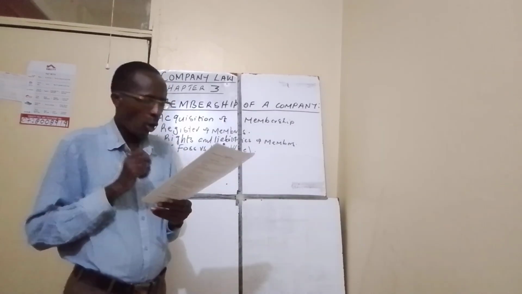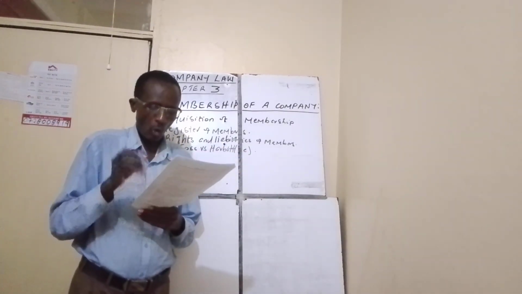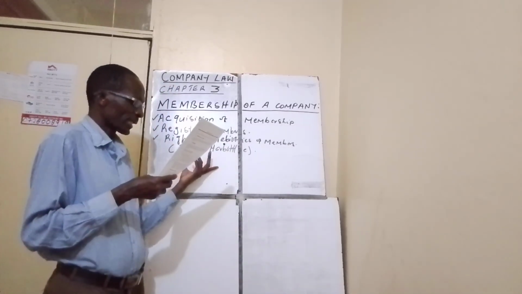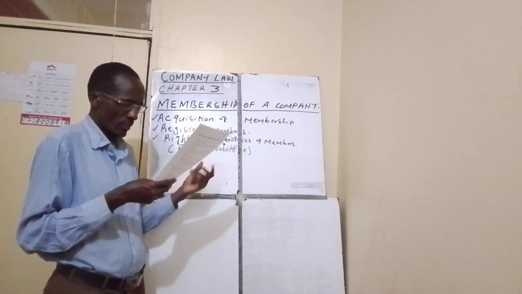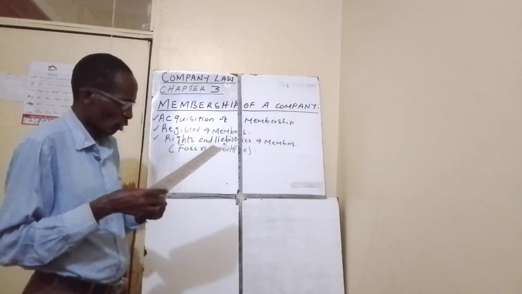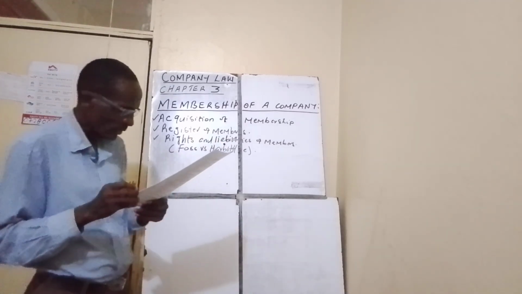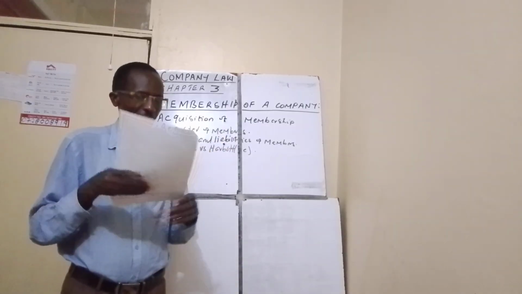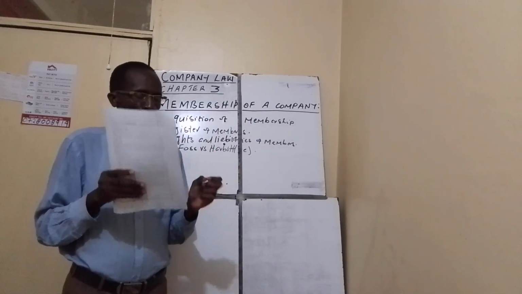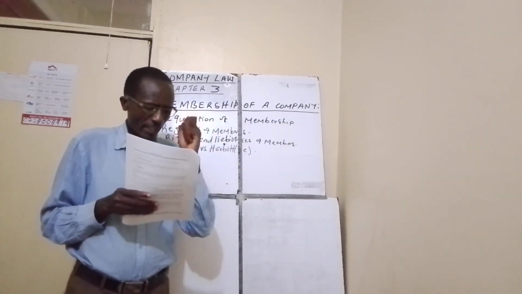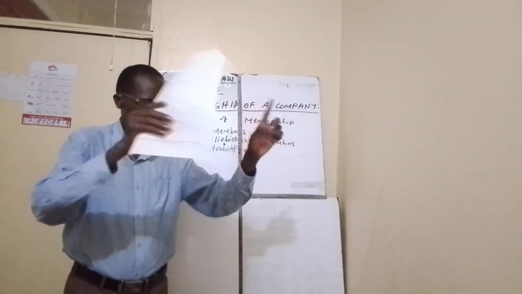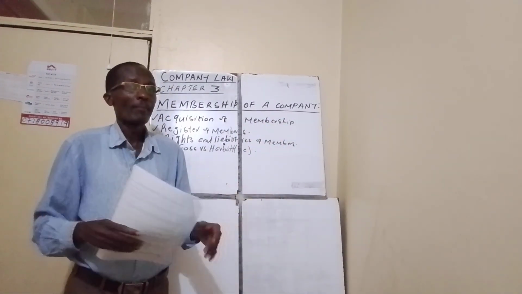Then, corporate membership rights, which are explained in the case study of Foss versus Harbottle. Corporate membership rights are rights conferred by law on members as a group. So we are saying that corporate membership rights are conferred on the members as a group, all of them.